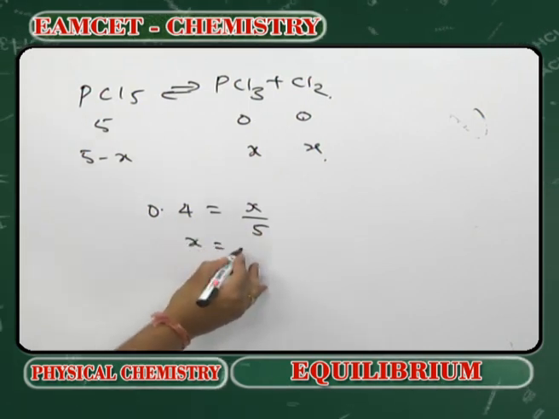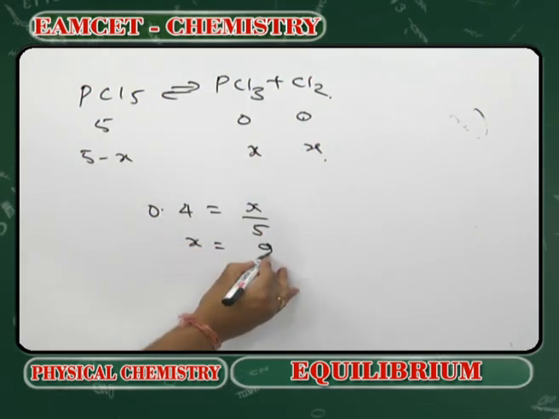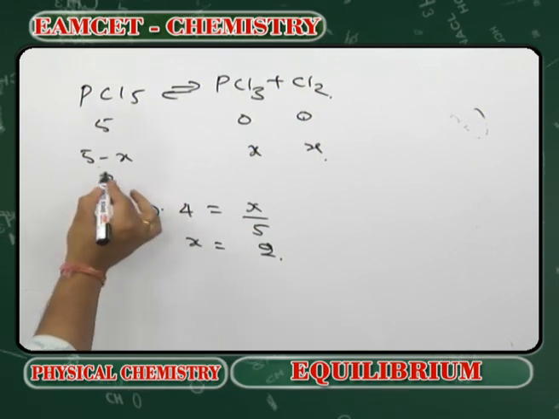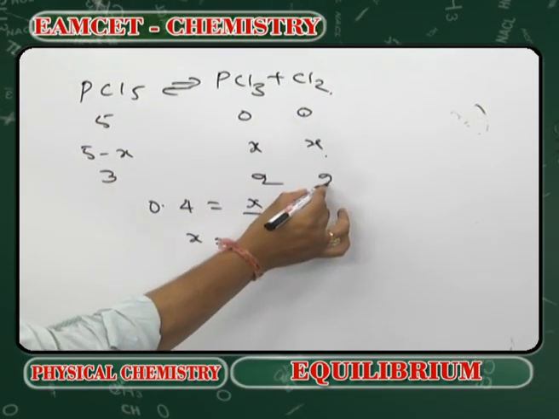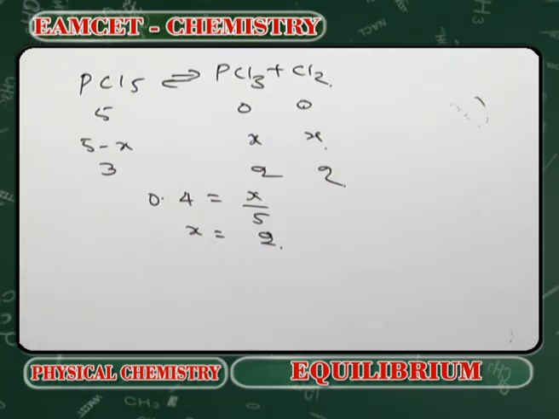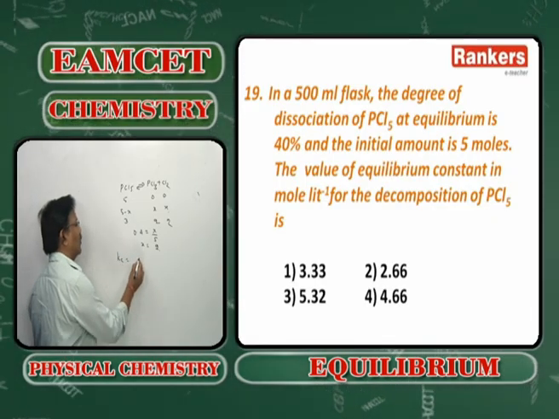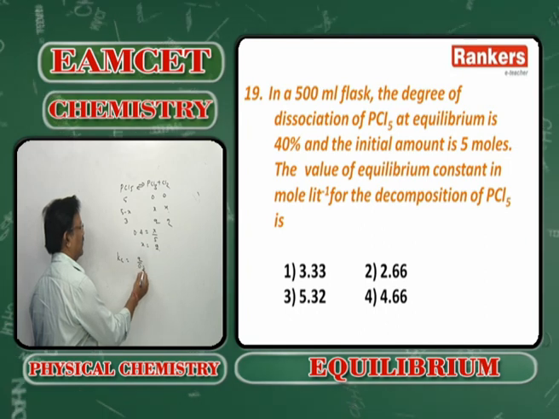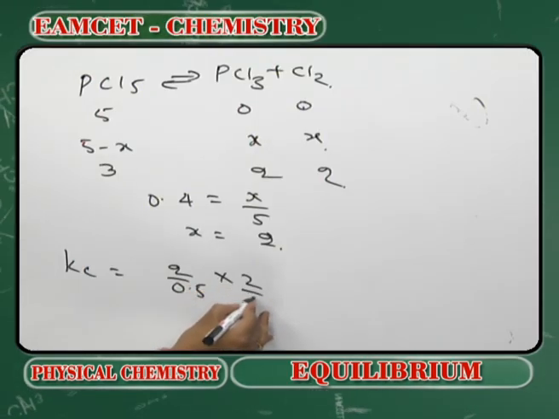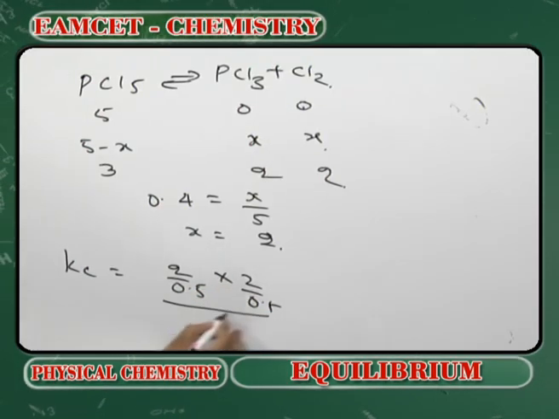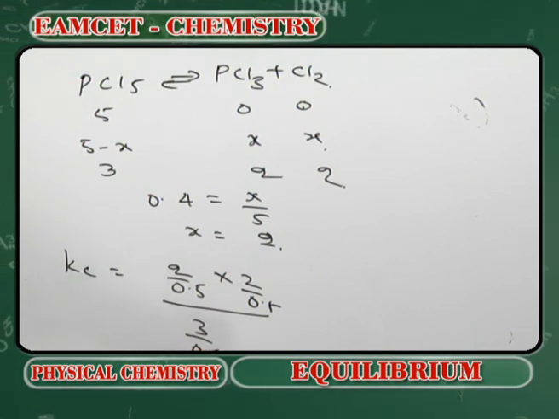So x is equal to 2. So this will be 3, this will be 2, this will be 2. And what is the volume of the flask? Kc is equal to 2 by 0.5 into 2 by 0.5 by 3 by 0.5.